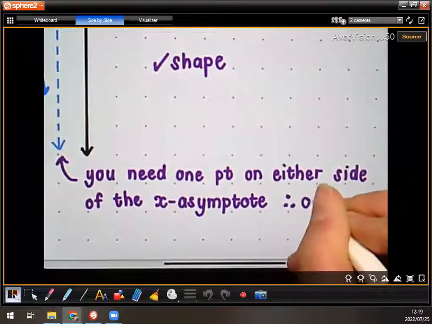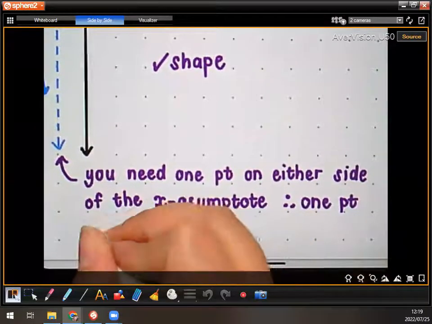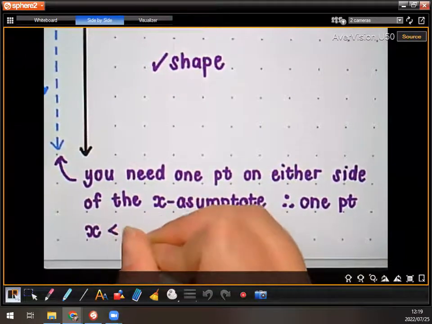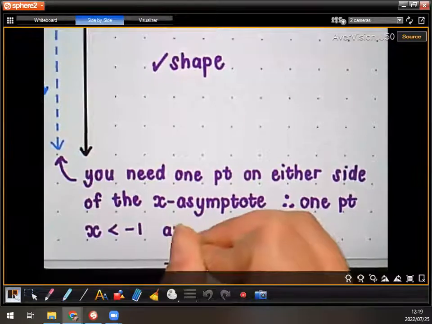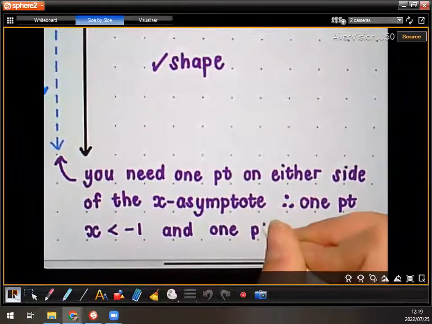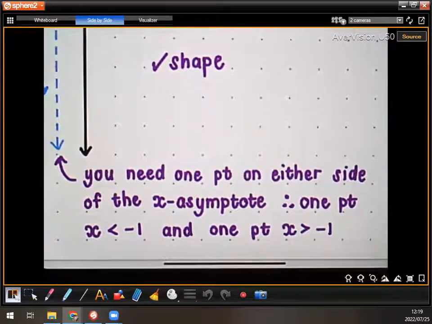One point, let's say x smaller than -1, and one point with the x value bigger than -1.